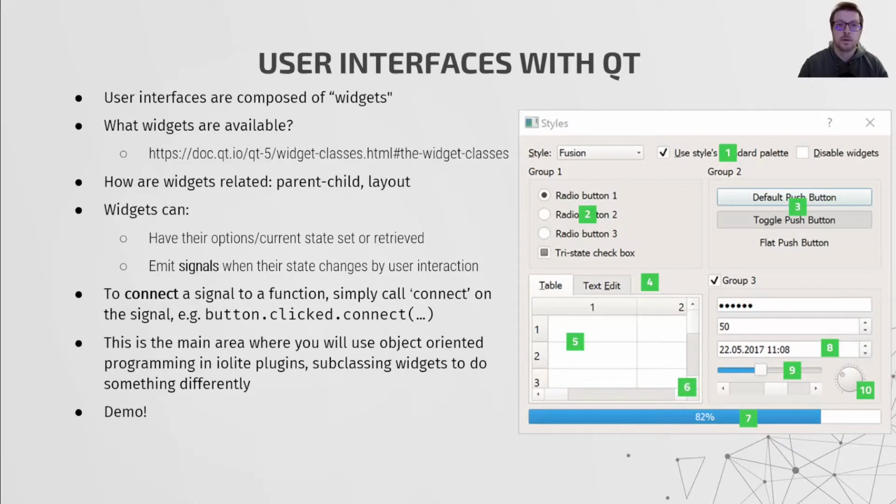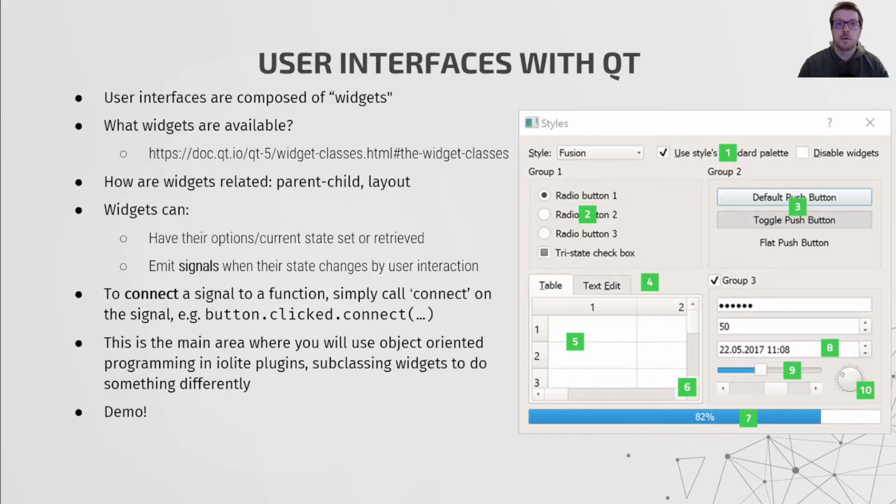Once we have some widgets created and laid out, they all generally have functions to set and retrieve their current state. The exact syntax will vary by widget, so please refer to the Qt documentation for the control you're interested in using. Lastly, we need to be able to respond to a change in our user interface's state.